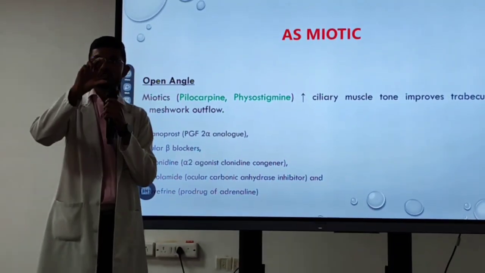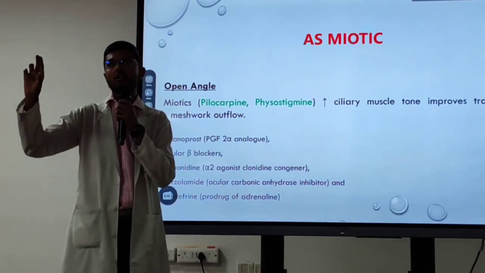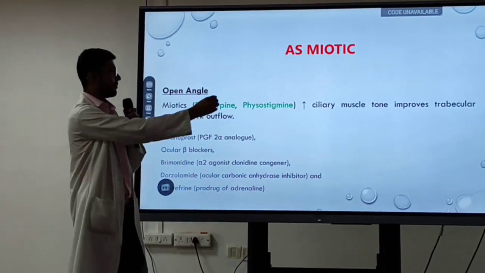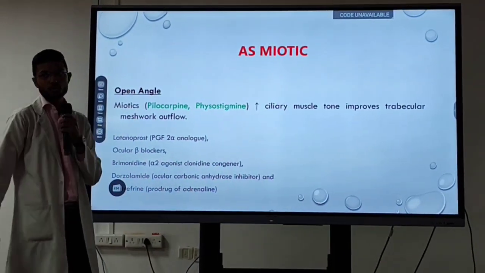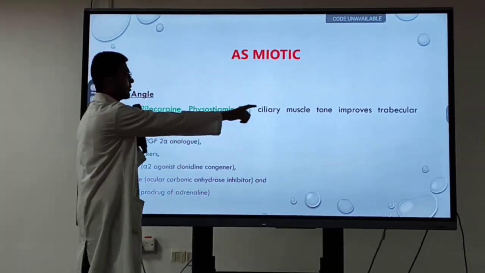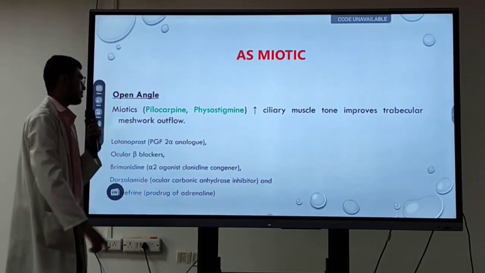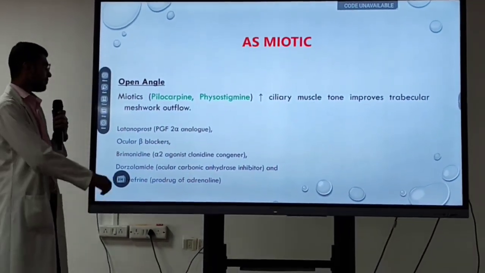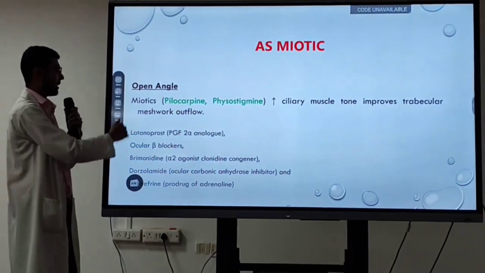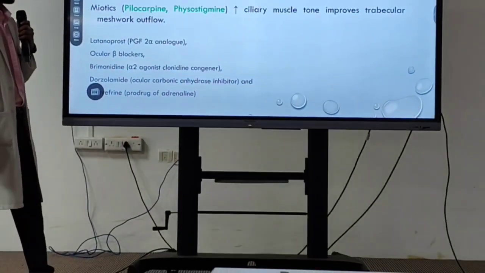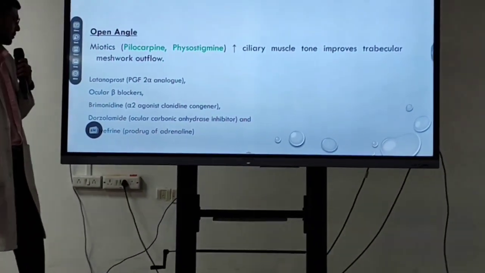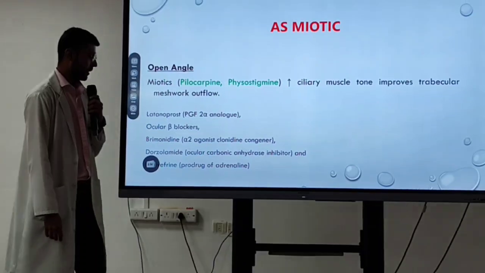This drainage has been given a fancy name, which is called trabecular meshwork outflow. So finally, these two drugs will improve the trabecular meshwork outflow. Other drugs which can be used in open angle glaucoma are latanoprost, ocular beta blockers, brimonidine, dorzolamide, and dipivefrin.